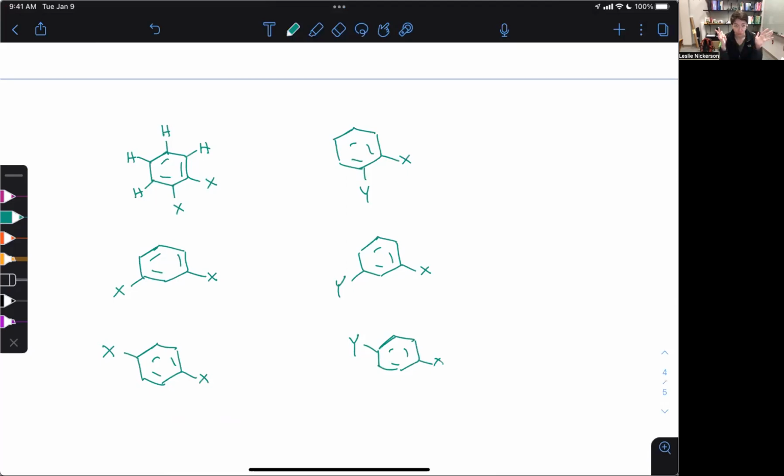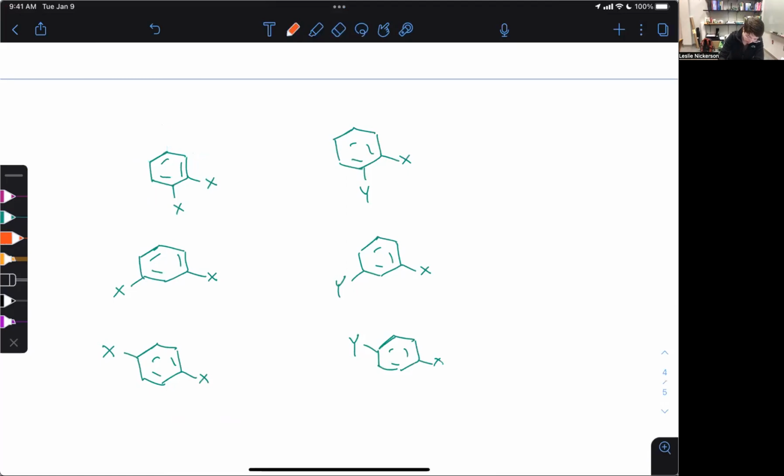Okay, so when I'm looking through this, there's a couple things that we're going to think about. So I'm going to go ahead and erase the H's so that we're looking at everything the same. Okay, so all of them have 4 H's here. So we need to go through here and figure out, one, how many hydrogen peaks we would see and how many carbon peaks we would see. Okay, that's going to give us a really good indication of exactly which substitution pattern we have here.